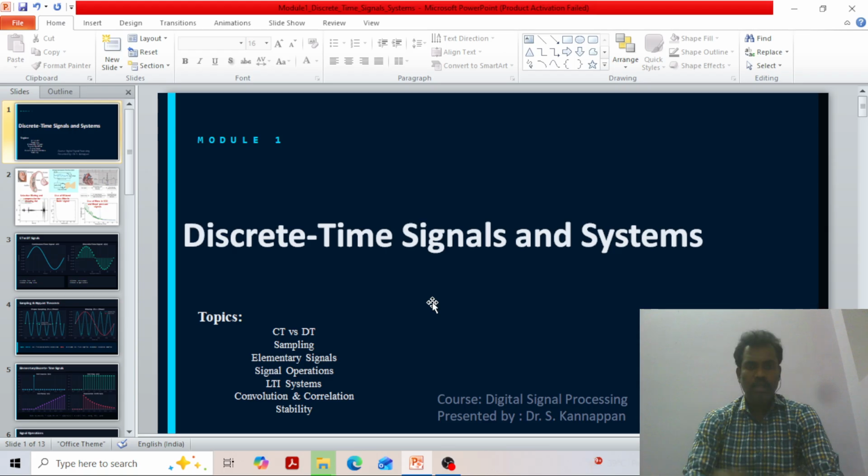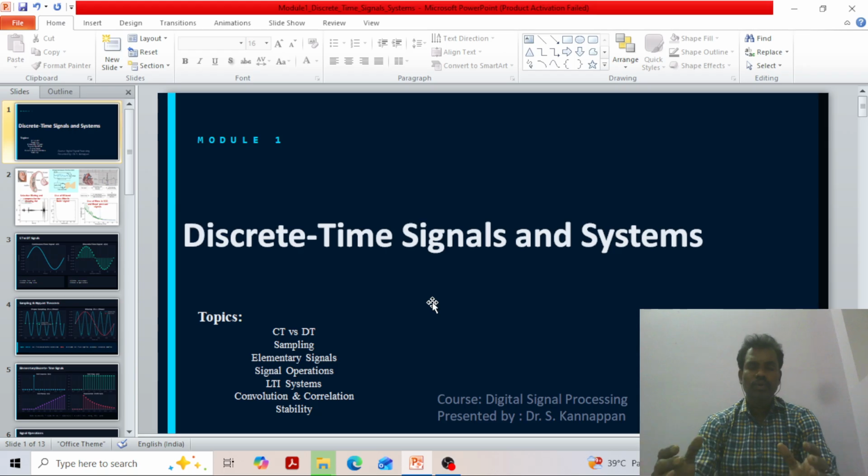The basic difference between a discrete time signal and a discrete digital signal is that the discrete time signal has continuous values, but the time is discrete. The signal is measured at discrete instances of time.